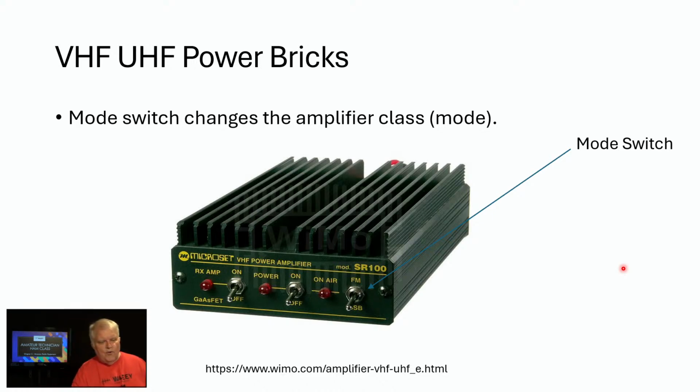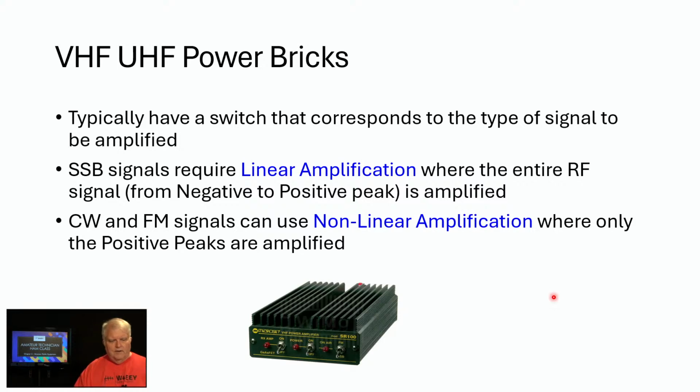So there's a switch usually on these power bricks right here in the front, which switches between, in this case, FM and single sideband. As I mentioned, single sideband signals require linear amplification of the whole signal, whereas Morse code and FM can use something called nonlinear amplification, and the signal will be just fine going out of the amplifier.